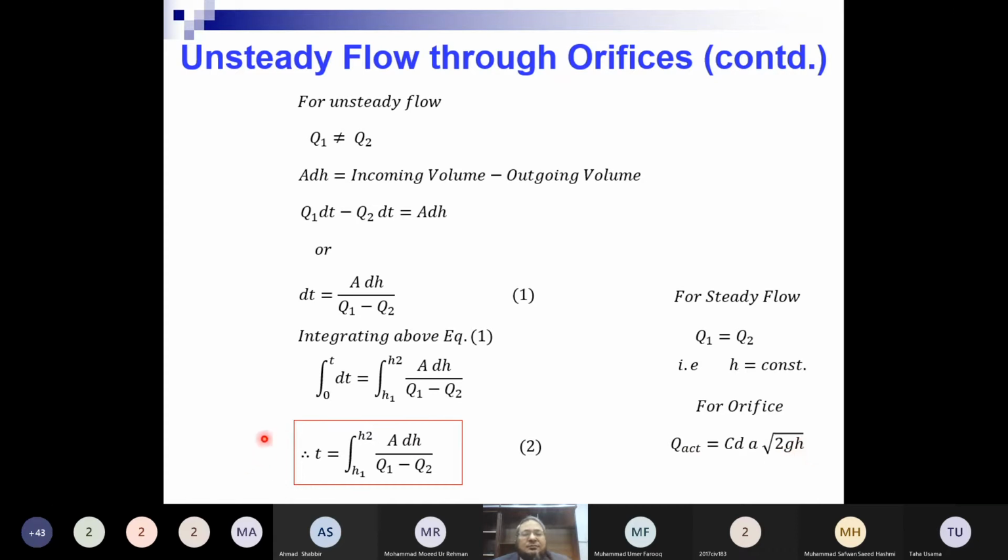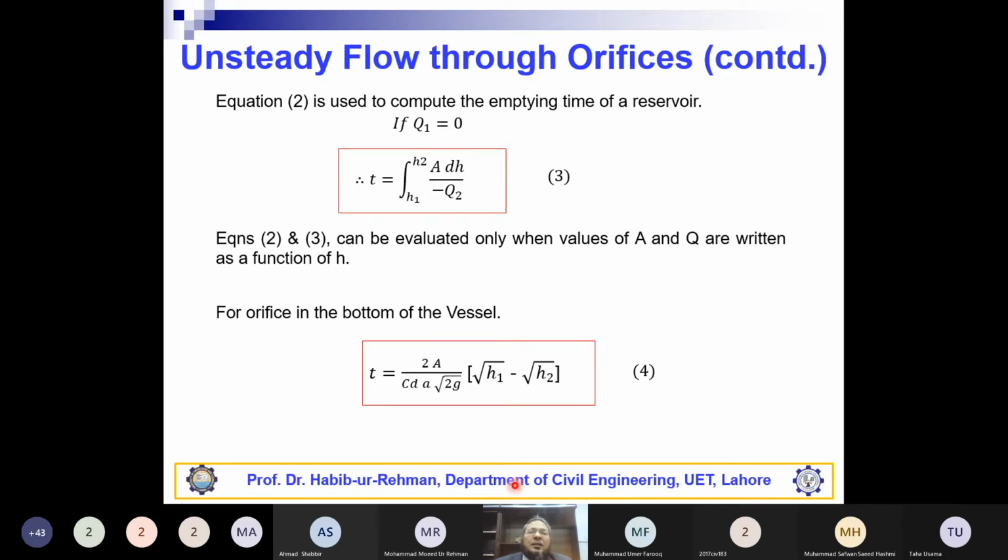But we are discussing unsteady flow, and for unsteady flow, we can compute the emptying time, small t, by using this equation. If Q1 is equal to 0, suppose there is no inflow, then of course we put Q1 as 0, and the same equation number 2 becomes T is equal to the integral with limits H1, H2 of area times dH over Q2, with a negative sign.